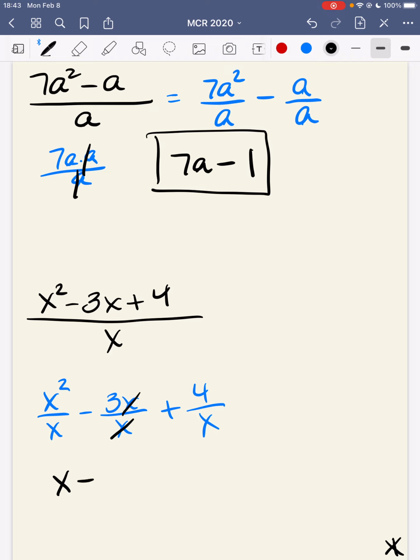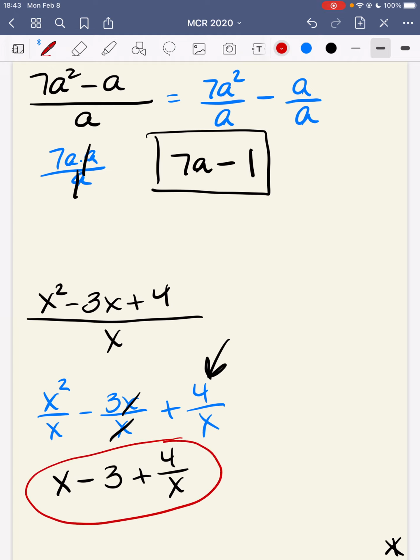Minus, now here my x's cancel, leaving me with just 3. And this last one, I can't do anything with it. Nothing cancels, nothing simplifies. This one just gets written as it is. As weird as it looks, that's what you need. And I am completely done with my problem.